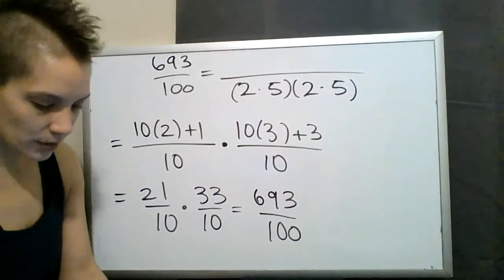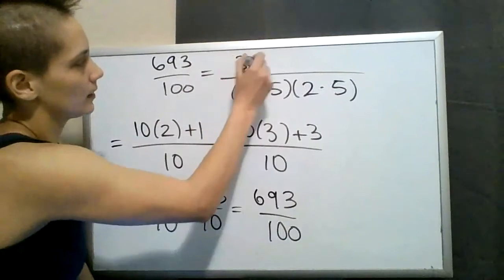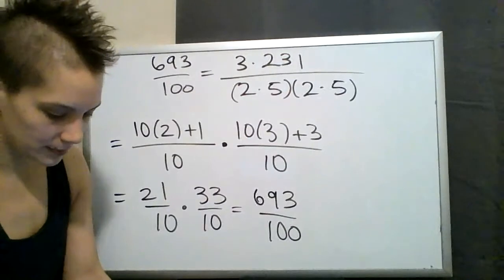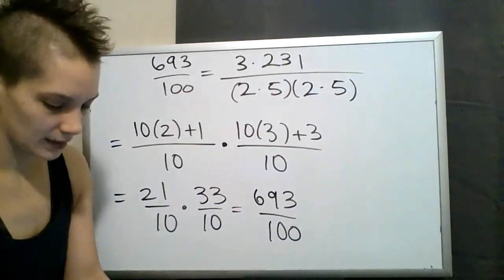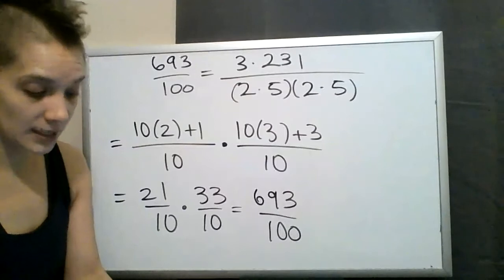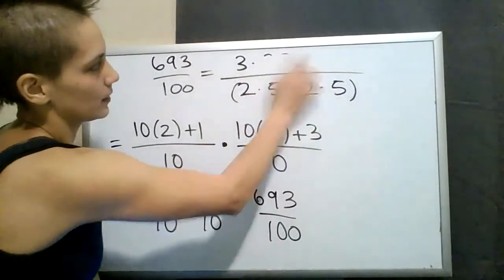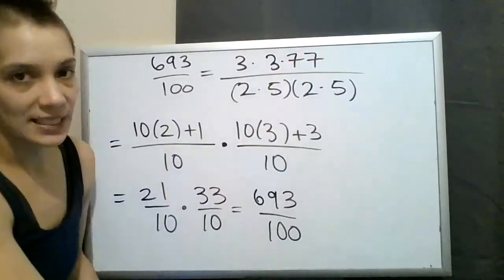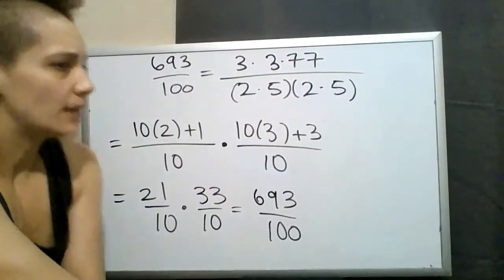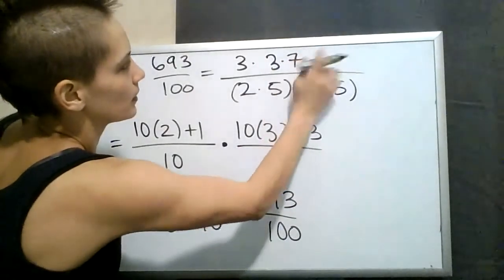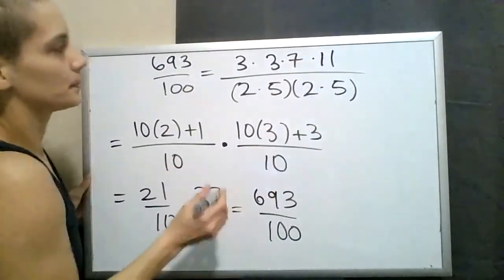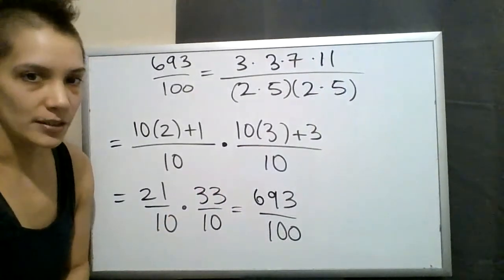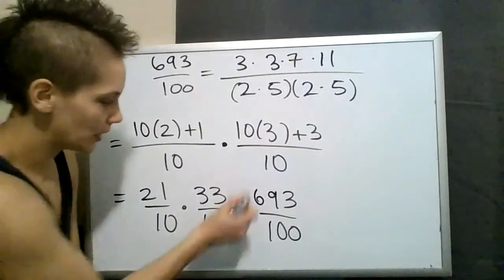And that's 3 times 231. What divides into 231? Oh, 3. 3 times 77. Seven would be 7 times 11, and then we have to stop. There are no common factors, so this is fully simplified. We're good to go.